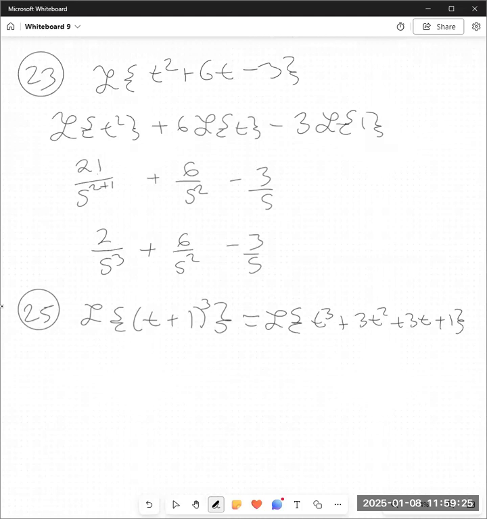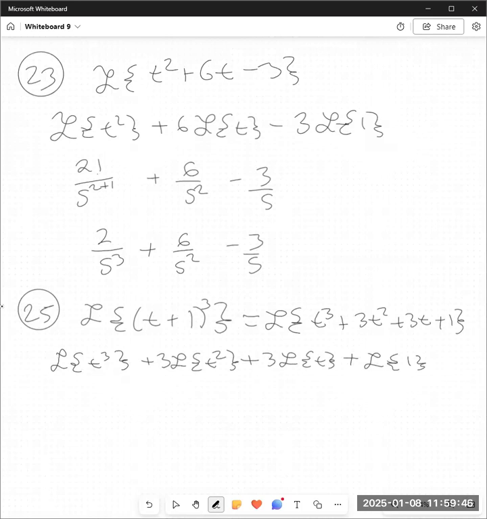But let's go ahead and write this as the Laplace transform of t cubed plus 3 times the Laplace transform of t squared plus 3 times the Laplace transform of t plus the Laplace transform of 1.